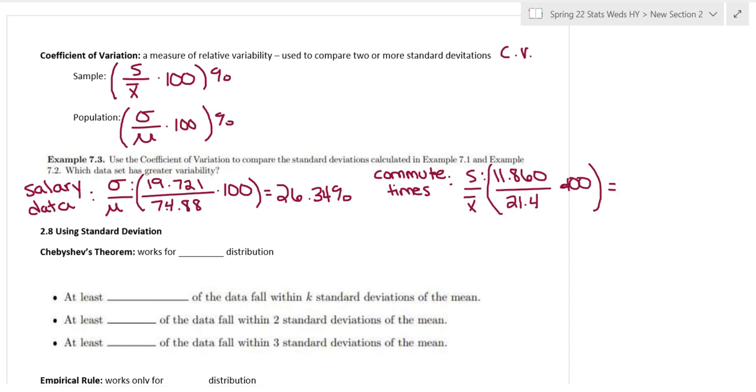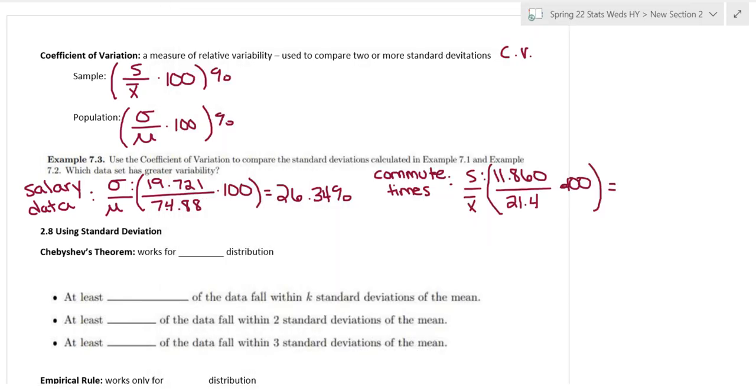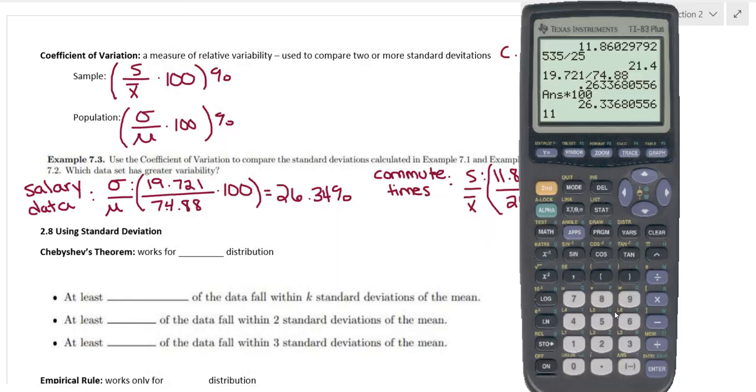So let's see what that gives us. 11.860 divided by 21.4 times 100, 55.42.